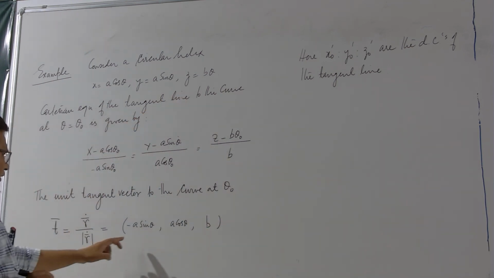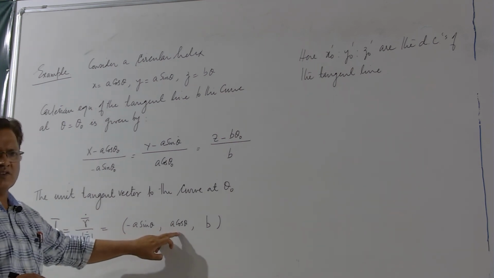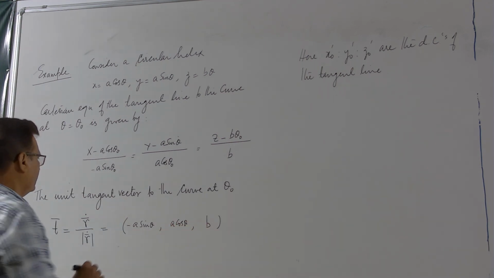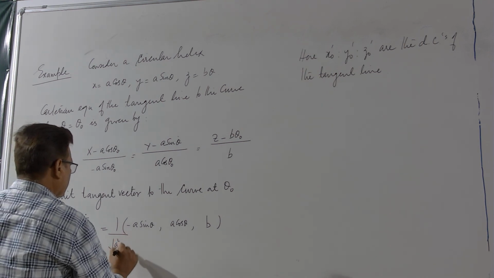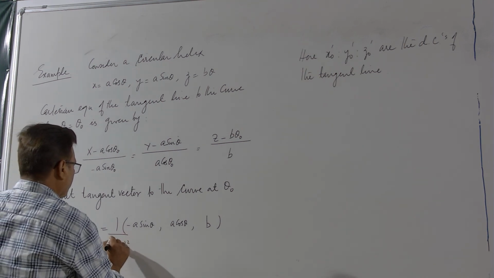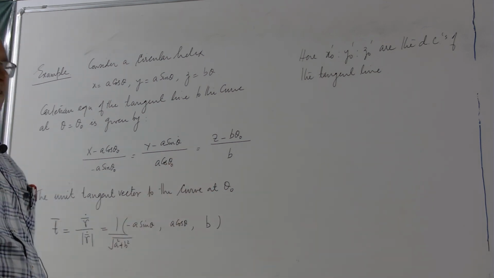Its modulus you can see is the square root of a square sin square theta plus a square cos square theta plus b square, which means 1 upon square root of a square plus b square. This is the unit tangent vector, whereas this is the equation of the entire tangent line.